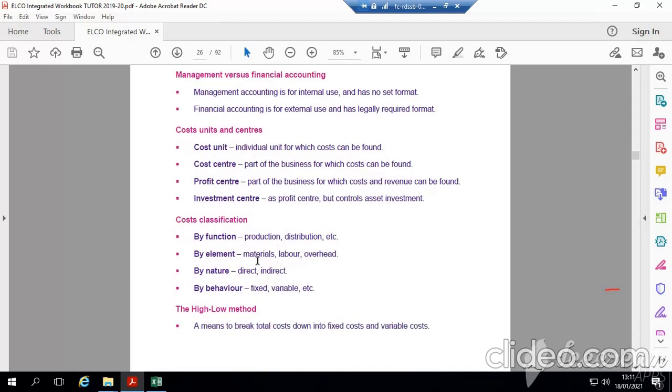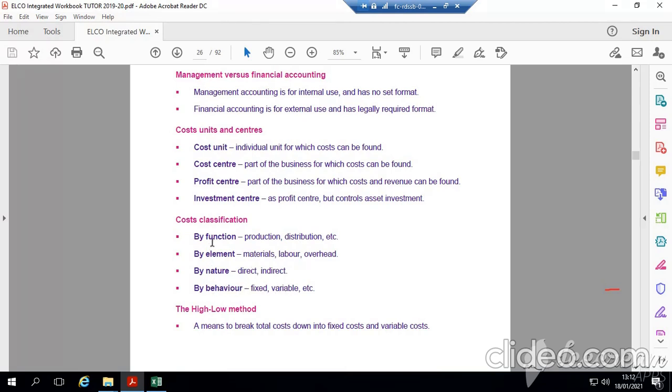Then cost classification. Cost classification is really important, and you need to understand what is what. In the exam it will give you a question asking, for example, what is cost by nature, direct, indirect. Or it may be a matching question: fixed and variable relate to what?